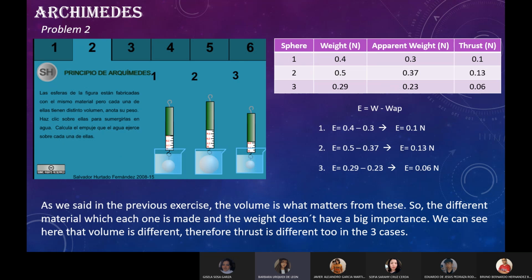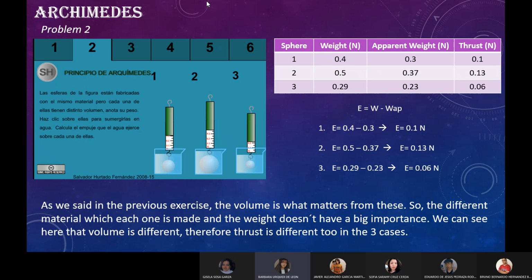My name is Barbara Okiri, and I'm going to talk about the problem number 2 from Archimedes. The problem says that the spheres are made with the same material, but each of those has a different volume. So we have to calculate the thrust, and then the weight.